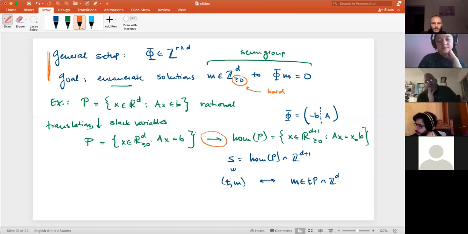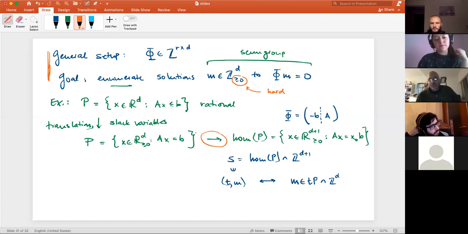I have a polytope and I take the hom of it. So I take this cone, and in this philosophy you can say, okay, I wanted to take the cone because I wanted to construct a semigroup.